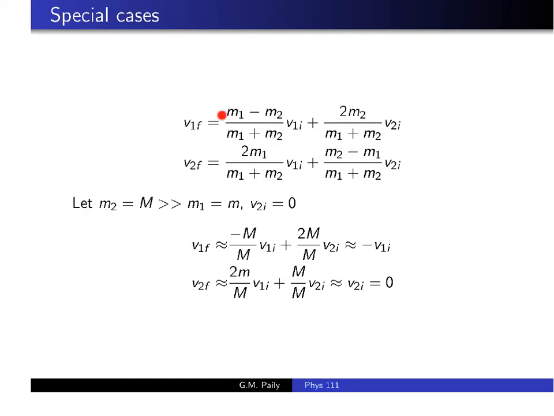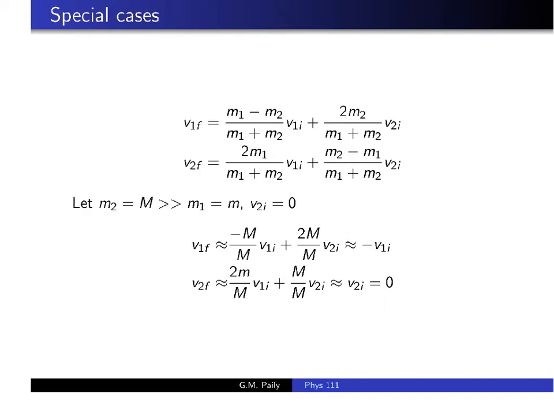And this term, in the numerator, we have little m minus big M. But since big M is so much bigger, it dominates, and so we can approximate the numerator as just minus big M. Similarly, in the denominator, we have little m plus big M. But again, big M is so much bigger that it dominates, and so we can approximate the denominator as just big M. So this term went away, and this term simplifies to approximately negative v1 initial.